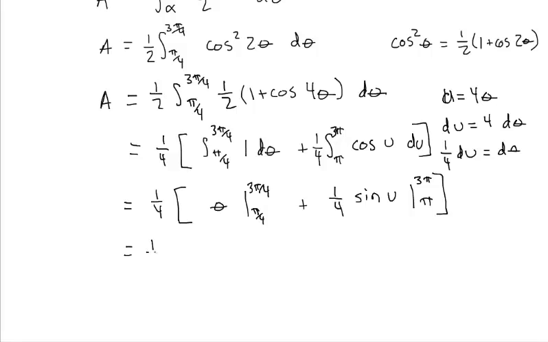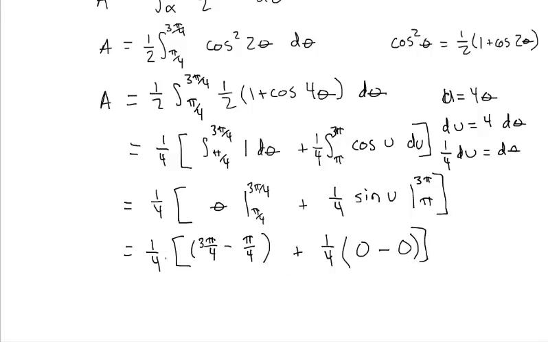So we have 1/4 times 3 pi over 4 minus pi over 4, plus 1/4 times sine of 3 pi, which is 0, minus sine of pi, which is 0.